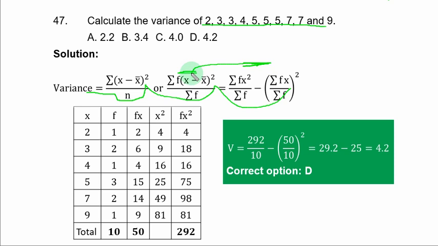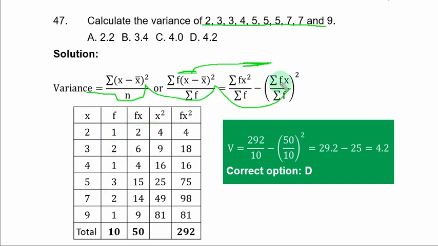So we go by the last two, any one of your choice. The data contain frequency because some values appear more than once. So let's use a table to summarize the whole thing. You have 2, 3, 4, 5, 7, 9. 2 appears once, 3 appears twice, 4 appears once, 5 appears 3 times, 7 appears twice, and 9 once.